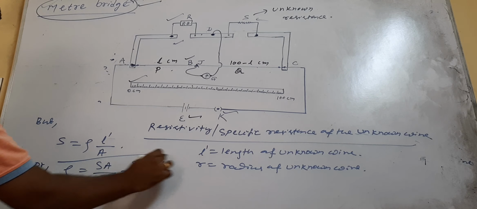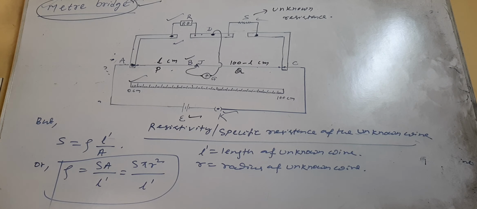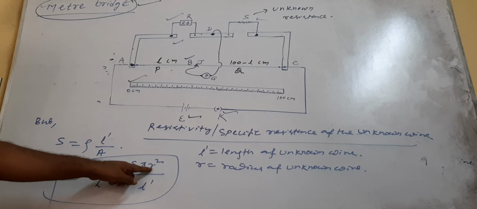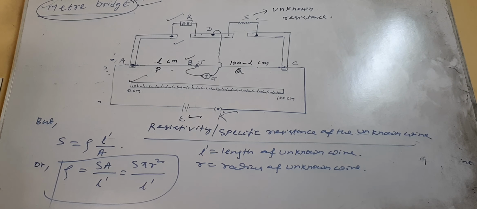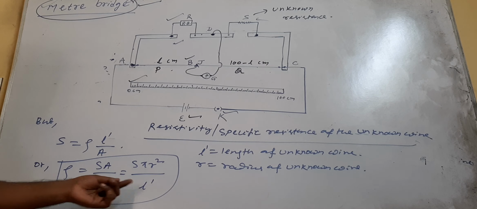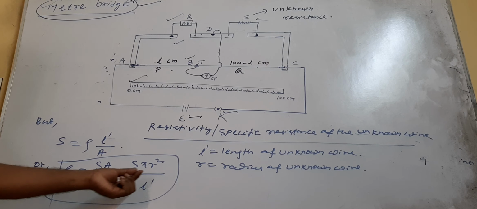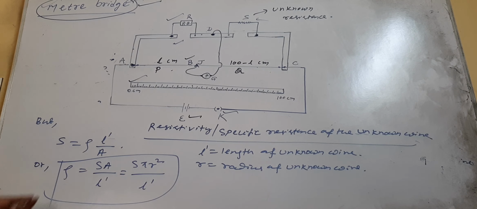So by using this formula, with the resistance value we have determined earlier, and the radius of the wire determined with the help of a screw gauge, and the length with the help of the scale, we can find the specific resistance or the resistivity of the unknown wire.